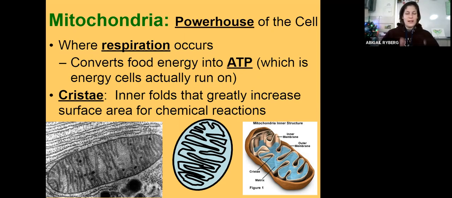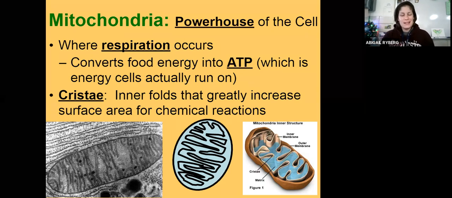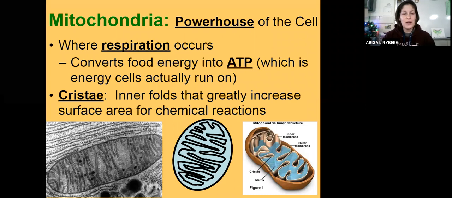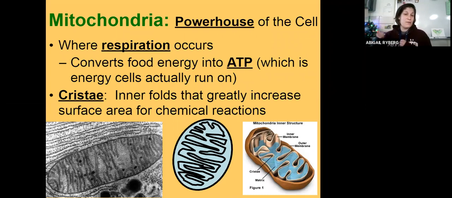What we'll also learn is that how our cells produce energy is a process called respiration. We think of respiration as breathing, and it is kind of tied to it, but essentially respiration is happening in our cells, and it's taking food energy from the breakfast that I just ate and turning it into ATP. And ATP is just a form of energy that our cells can actually use.